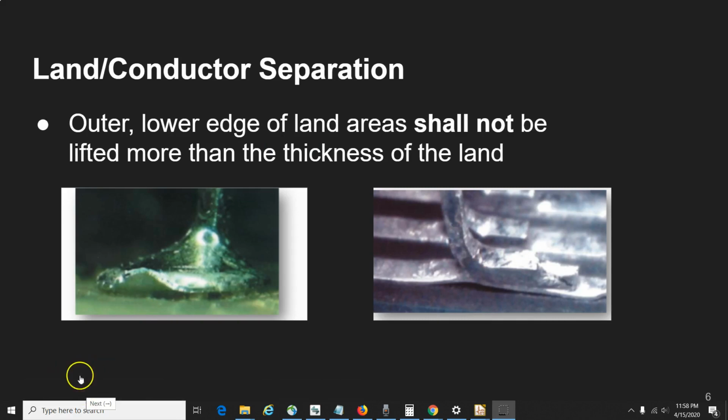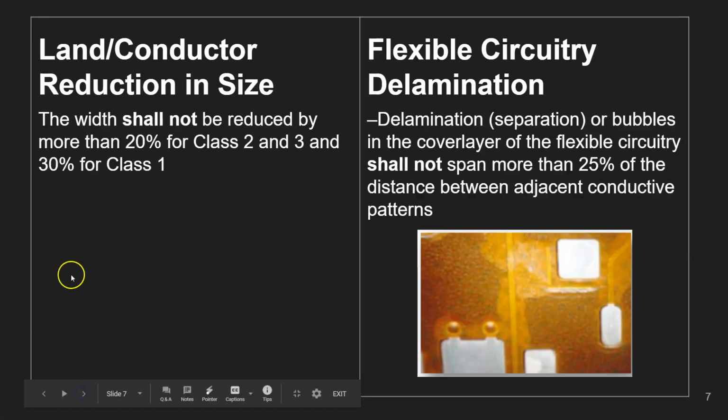Now moving on to the next slide. This slide talks about land conductor reduction in size and flexible circuitry delamination. For the land conductors, it says the width shall not be reduced by more than 20% for class 2 and class 3, and 30% for class 1.